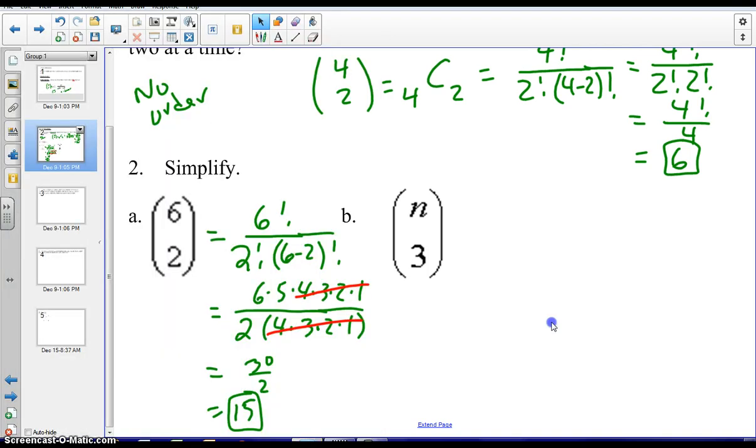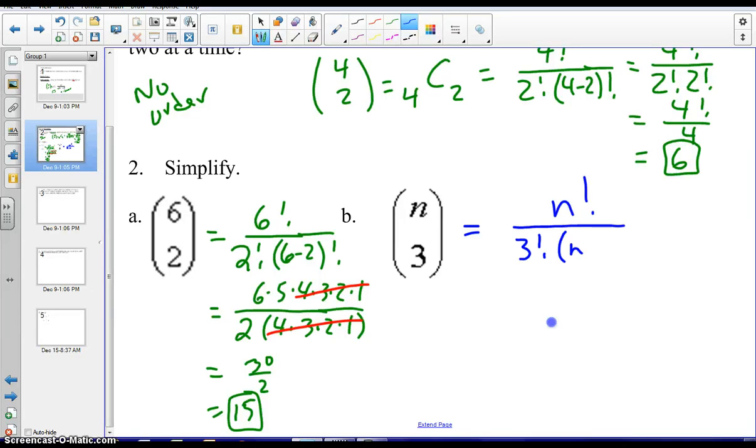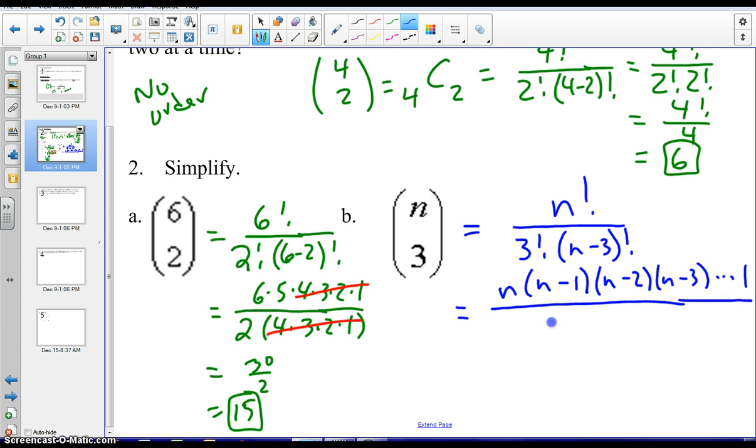Part B, now we actually have a variable in there. So we have n choose 3, which would be n factorial over 3 factorial times the quantity n minus 3 factorial. As you recall, n factorial is equal to n times n minus 1 times n minus 2 times n minus 3, all the way down till we get to 1. 3 factorial will be 3 times 2 times 1. n minus 3 factorial will be n minus 3 times n minus 4, all the way down to 1.